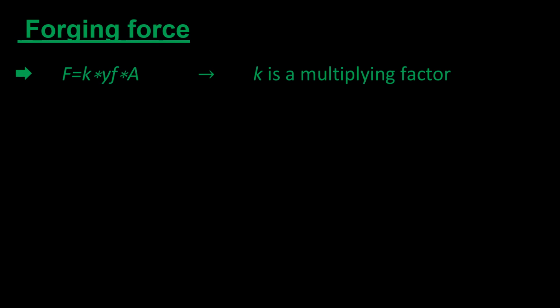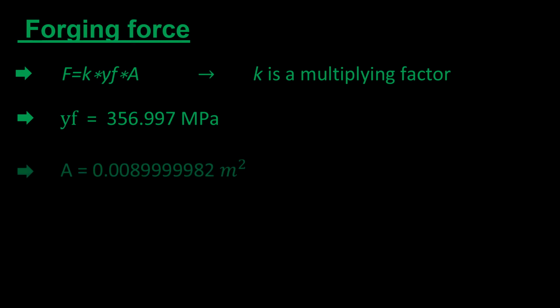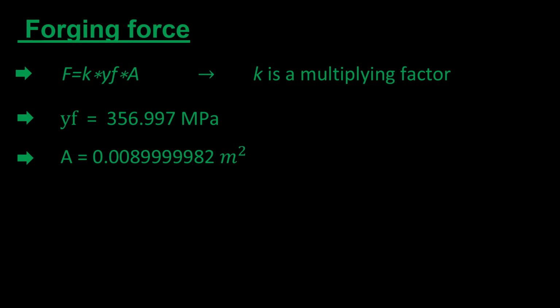The forging force is calculated using the next formula, where K is a multiplying factor obtained from the book, YF is the flow stress of the material, and A is the projected area of the forging, including the flash area. In this case, the area was found on the internet.